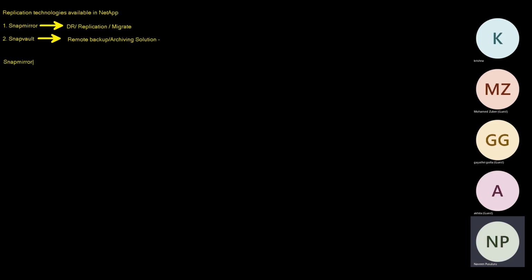Earlier in 7 mode we had a different command for snap mirror and snap vault, but from cluster mode itself, if you want to create a snap mirror or a snap vault, you need to use the same command. Then how can you differentiate? How can you configure a snap mirror? How can you configure a snap vault? That is based on the policy which you are using.